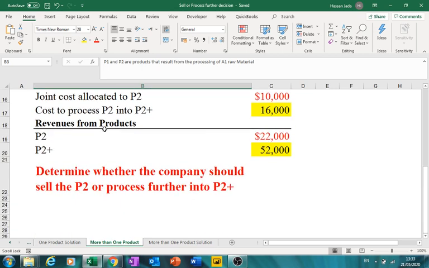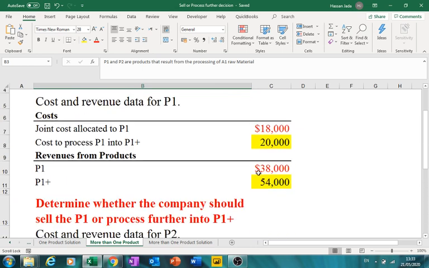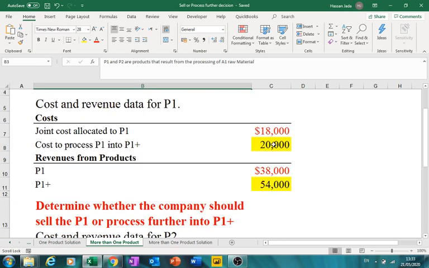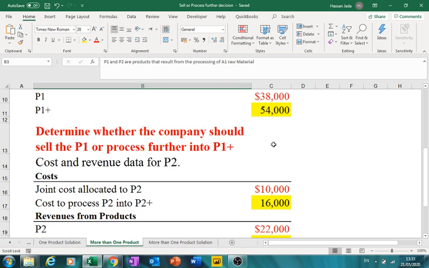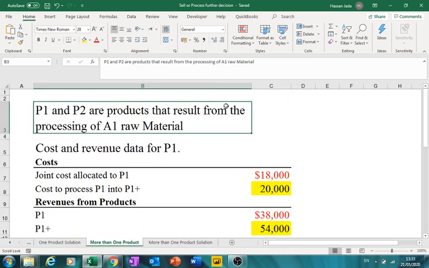And we improve the product P2 and convert it to P2 plus. We have a cost of converting P2 to P2 plus of $16,000. Then these two costs in yellow background are relevant here for the decision making of sell or process further.